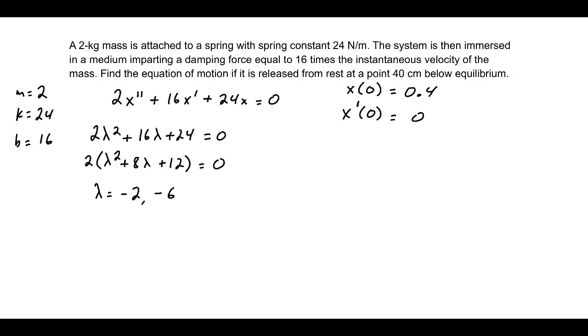And actually, I'm going to treat those the other way. So lambda is equal to -6 or -2, just to be consistent with my other work. So our general solution is x of t is equal to c1 times e to the -6t plus c2 times e to the -2t.